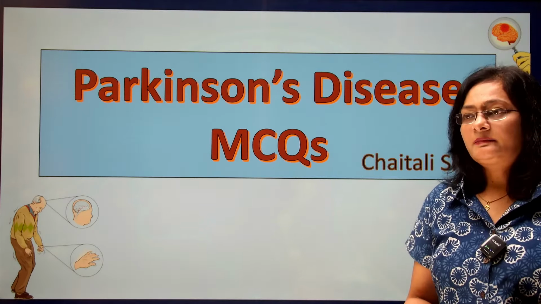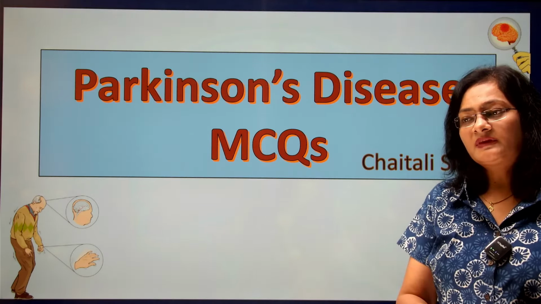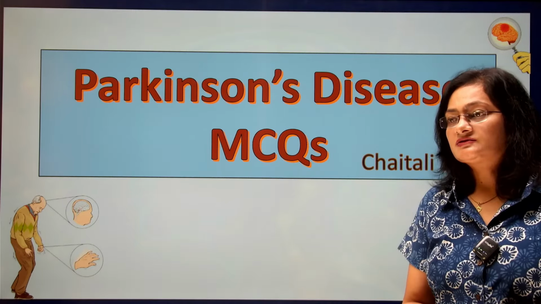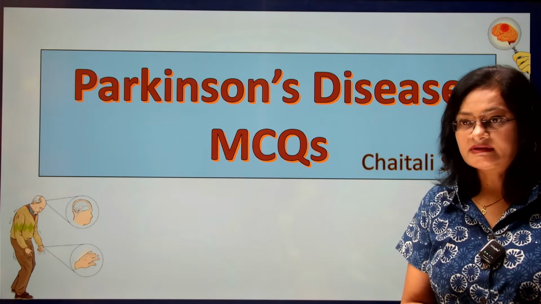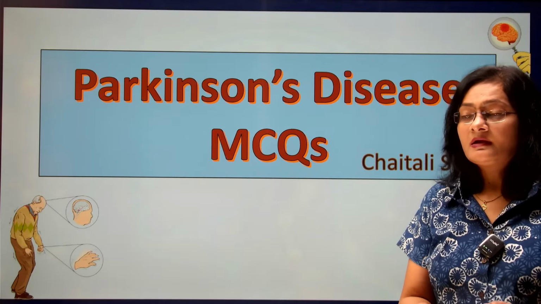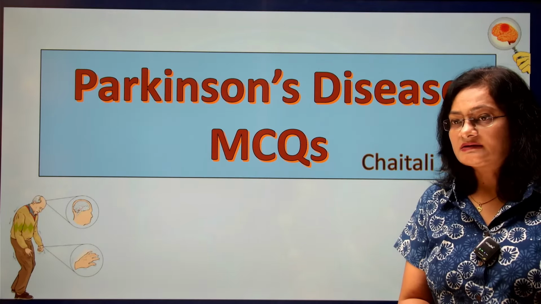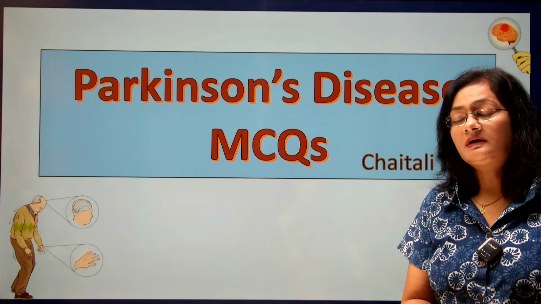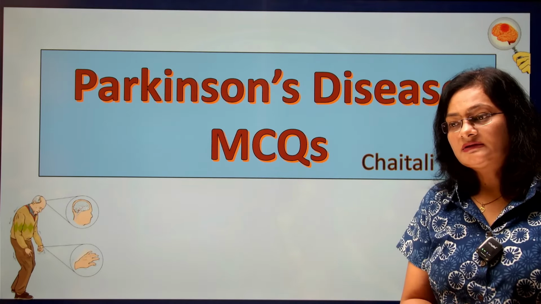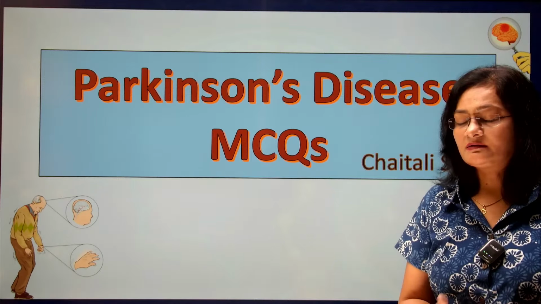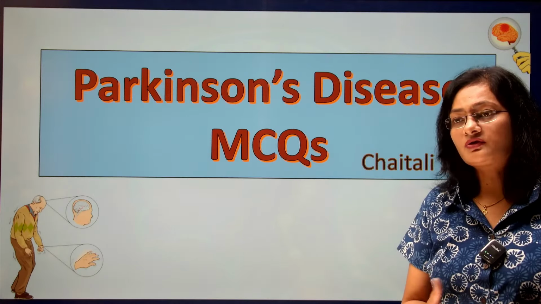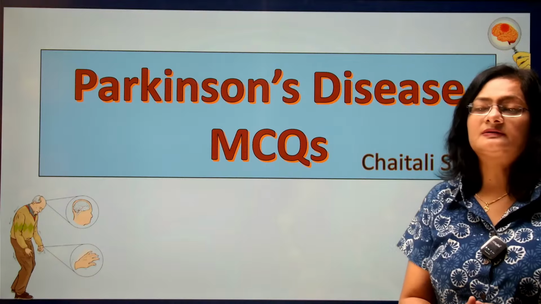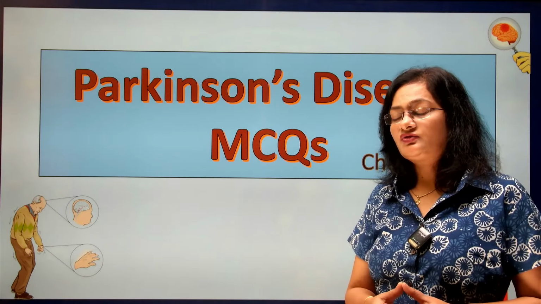In secondary Parkinsonism, there is a known cause which results in features of Parkinsonism. Some drug-induced Parkinsonian symptoms come under secondary Parkinsonism. Then vascular Parkinsonism, where symptoms of Parkinsonism are produced due to a vascular cause, is also secondary Parkinsonism.